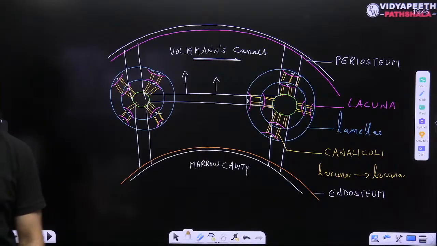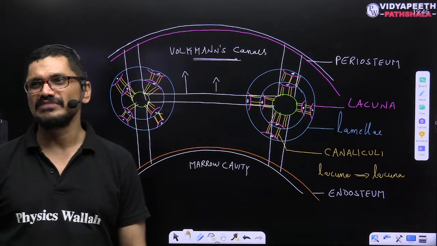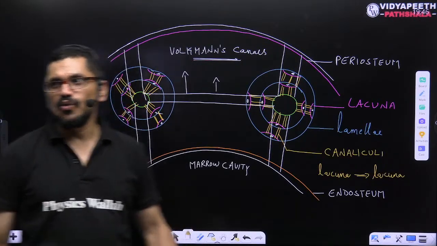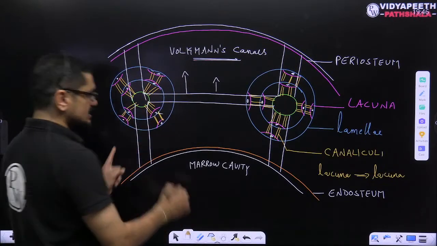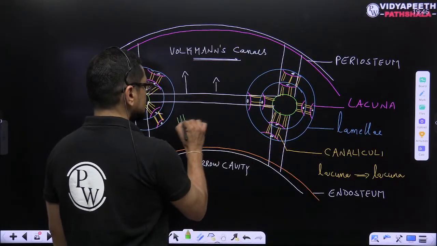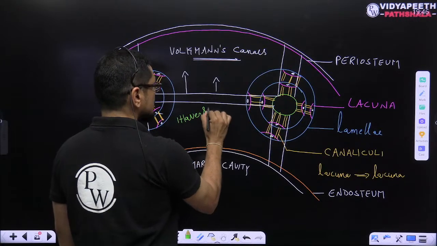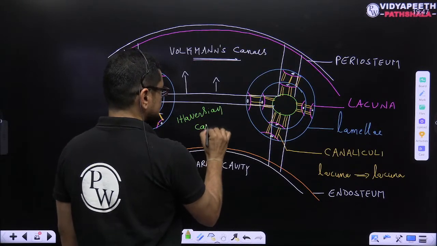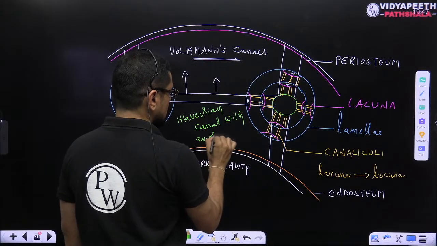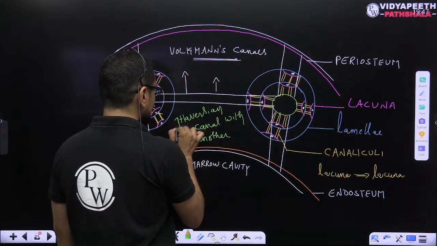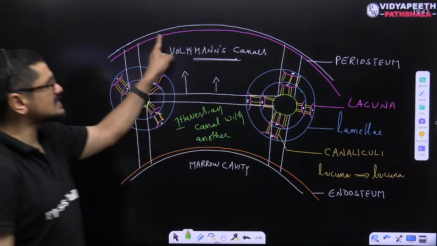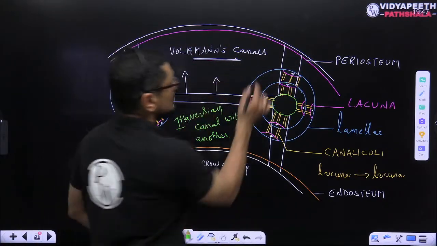What are Volkmann's canals? Volkmann's canals are the connections between one Haversian canal and another Haversian canal. So one Haversian canal is connected with another Haversian canal, and one Haversian canal is connected with the periosteum with the help of Volkmann's canal.